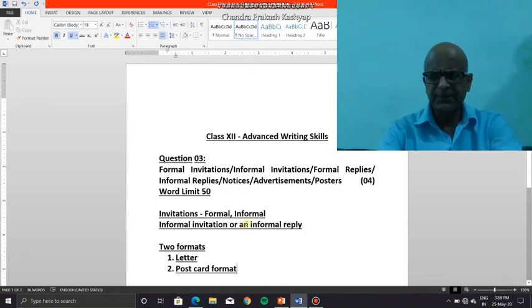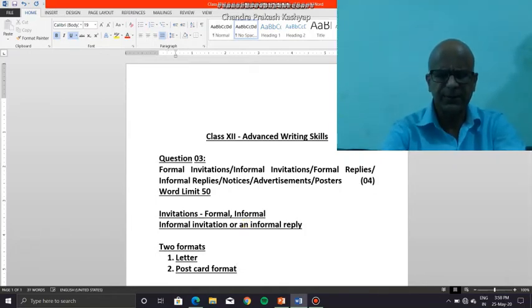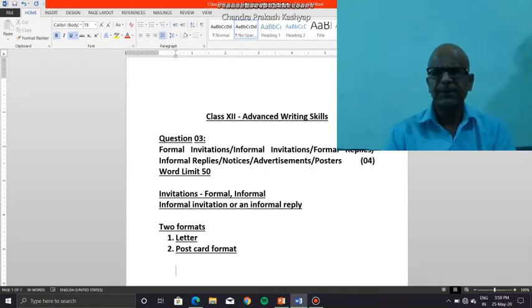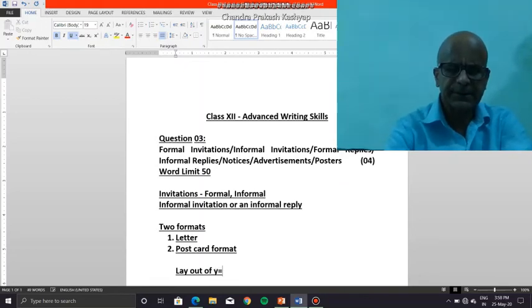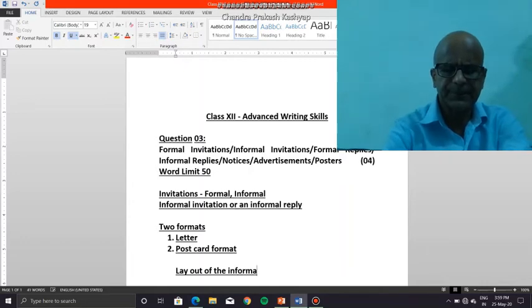Now, the format, I believe, is not a problem at all, because it basically boils down to the layout of the information. And the information is centrally aligned.